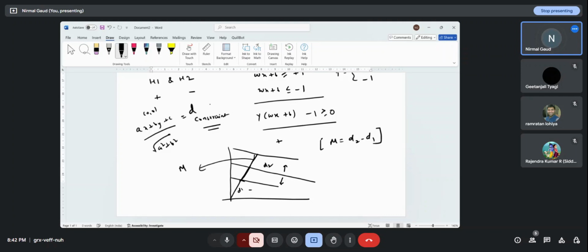That will be the distance. I did that, and for the margin m, by performing this, everything is present in my previous lecture. So the margin I got is 2 by the magnitude of w. This is what I got.